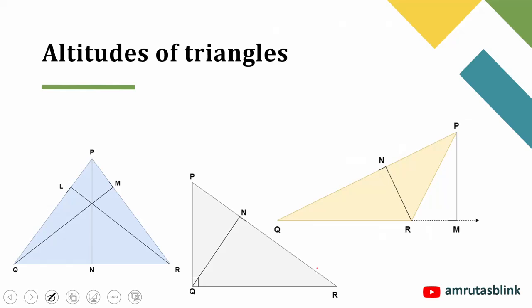So basically in case of altitude, only in case of acute angle triangle, altitudes lie inside the triangle. In case of right angle triangle, the altitude lies along the side of the triangle, and in case of obtuse angle triangle, the altitude lies outside the triangle.